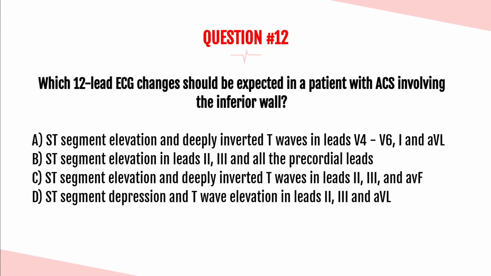Question number 12. Which 12-lead EKG changes should be expected in a patient with ACS, acute coronary syndrome, involving the inferior wall? Would you see A, ST segment elevation and deeply inverted T waves in leads V4 through V6, 1 and AVL? B, ST segment elevation in leads 2, 3, and all the precordial leads?